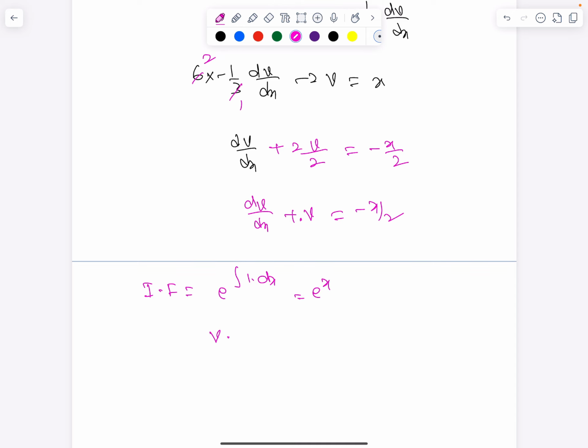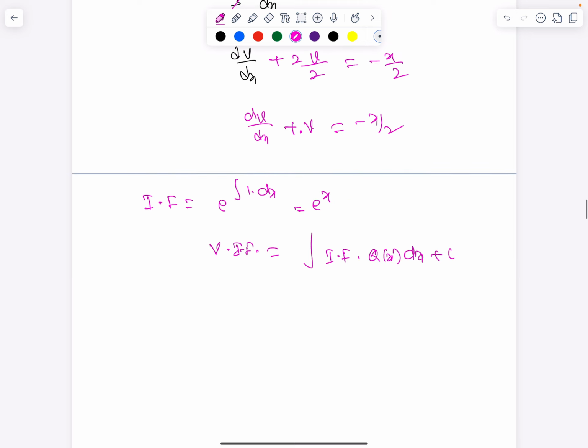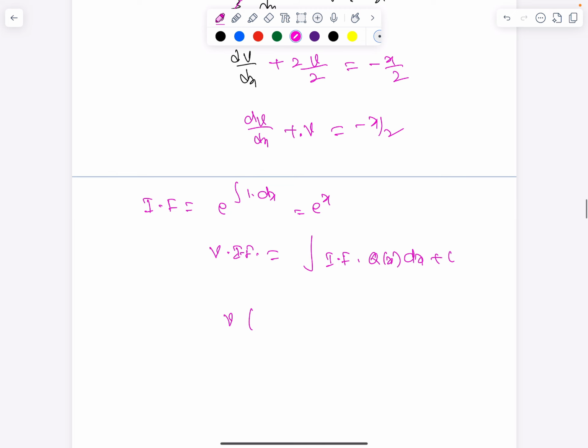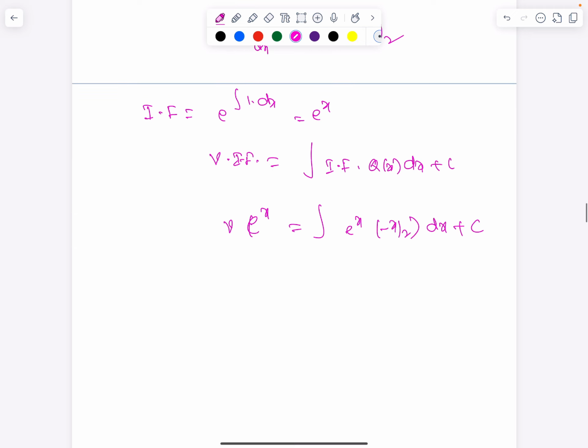Therefore v into integrating factor is equal to the integration of integrating factor into q of x dx plus c, that is v into integrating factor e power x, which is equal to the integral of e power x into minus x by 2 dx plus c. So here you need to simplify using integration by parts.